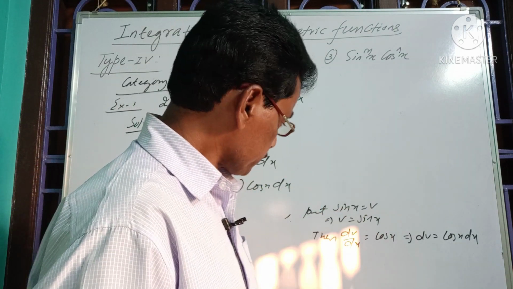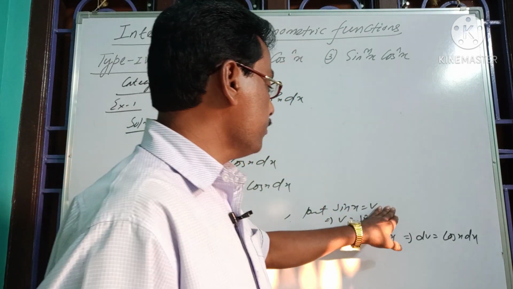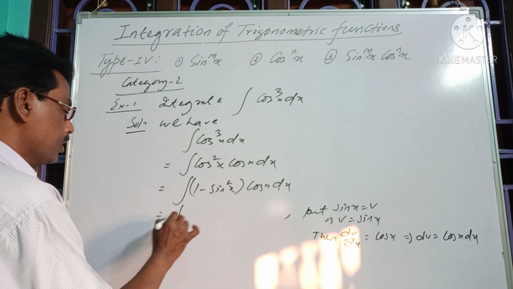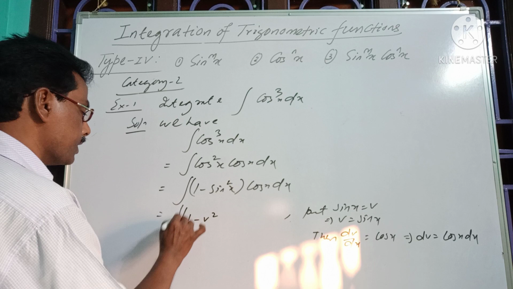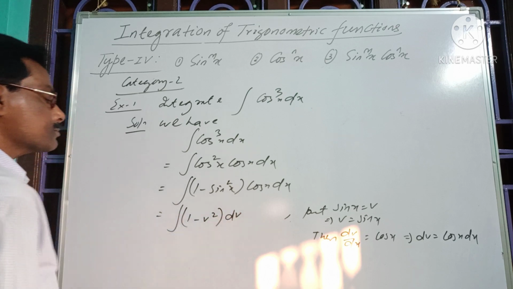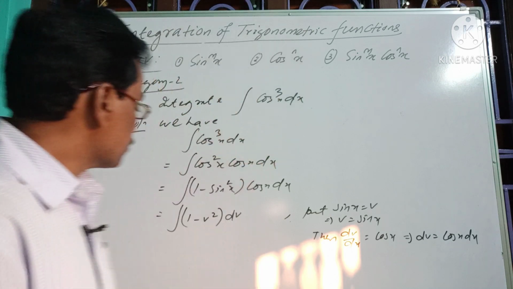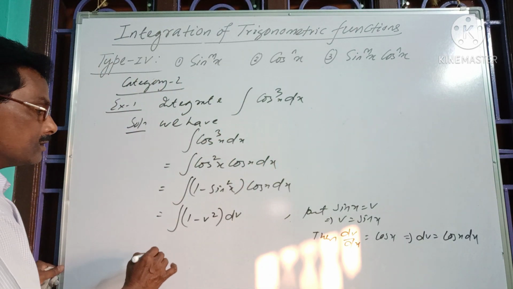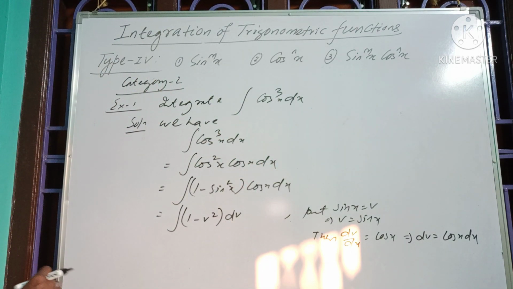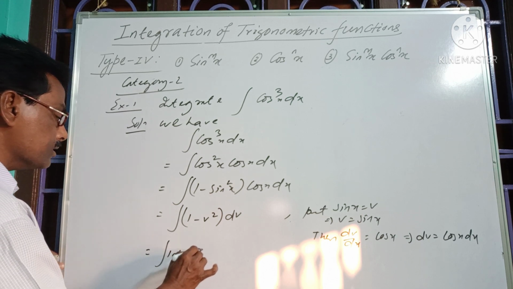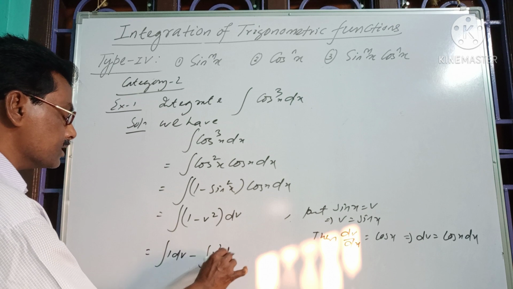So now replacing sin x as v and cos x dx as dv, the integrand will be transformed into the integration of 1 minus v square with respect to v. Now we got a polynomial in v, which is easily integrable. So applying the algebra of integrals, it will give us the integration of 1 with respect to v minus the integration of v square with respect to v.